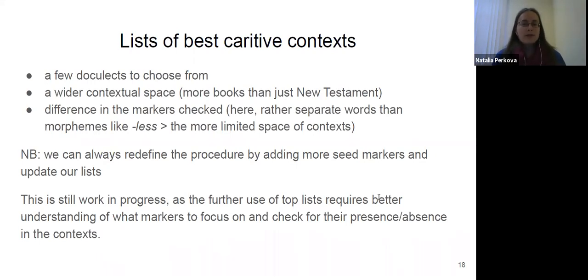So there were more books than just the New Testament, because that was what the project team did. And also we could check the difference in the markers. But this is actually what we didn't focus that much on here. So we could also add some morphemes like "less" and get a more limited space of contexts, for instance, but we can redefine the procedure if needed.